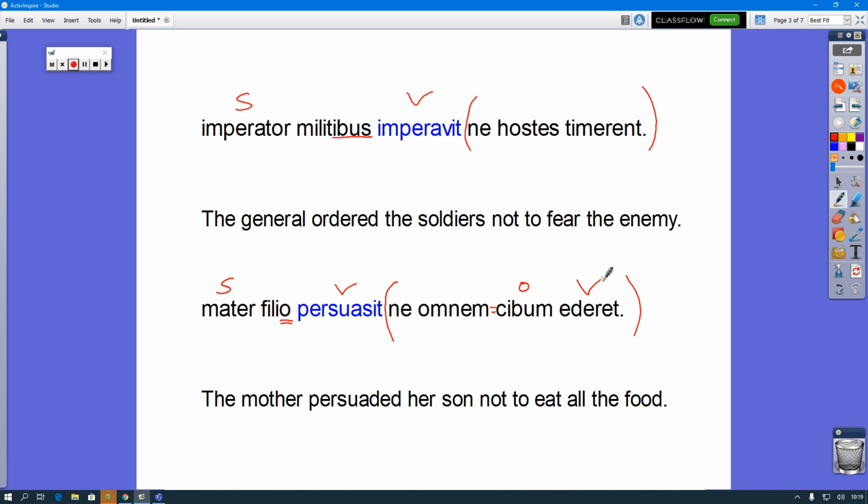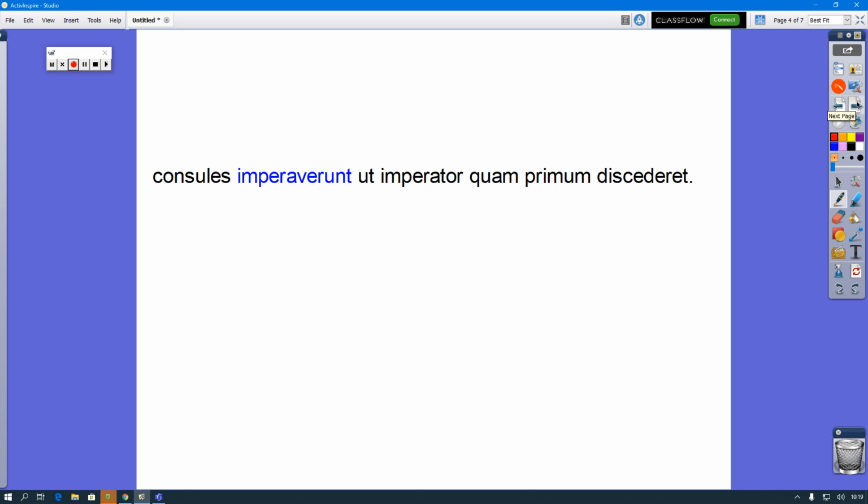Now, very rarely we actually get an indirect command where we have a subject in the clause. And in this kind of sentence, it's very difficult to translate it as to.